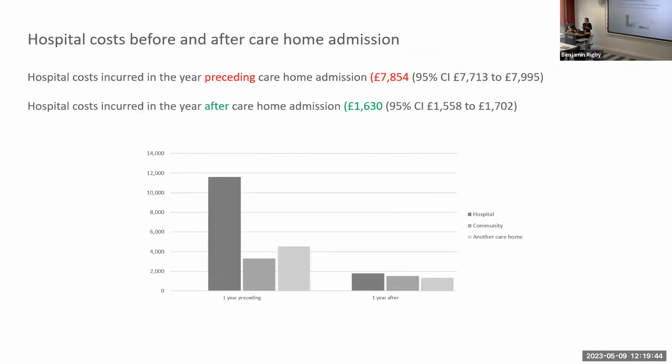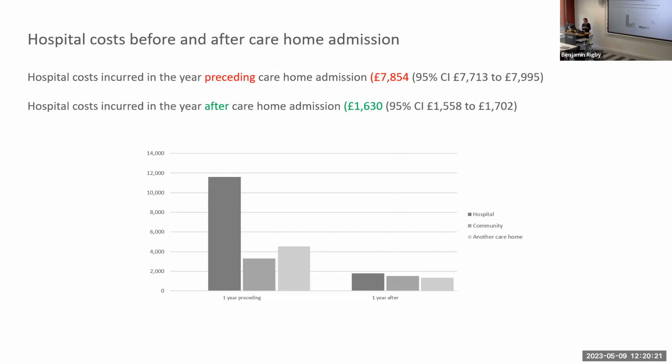As I said, we've done some additional analysis by looking at the hospital costs before and after care home admission. These are just hospital costs, not the care home costs. Hospital costs in the year preceding care home admission were about £7,000, and hospital costs incurred in the year after care home admission were about £1,600.